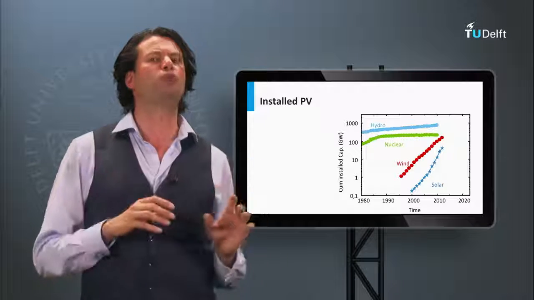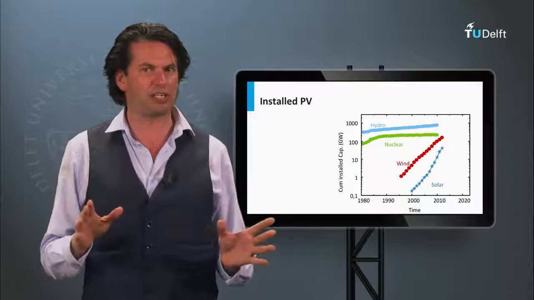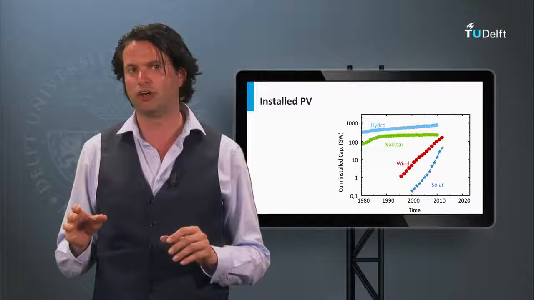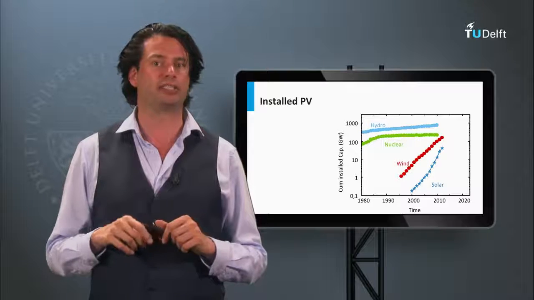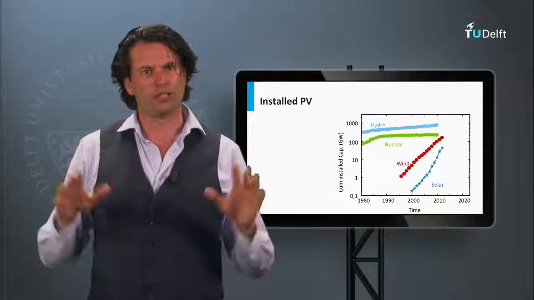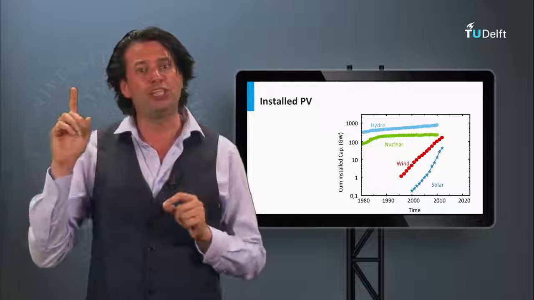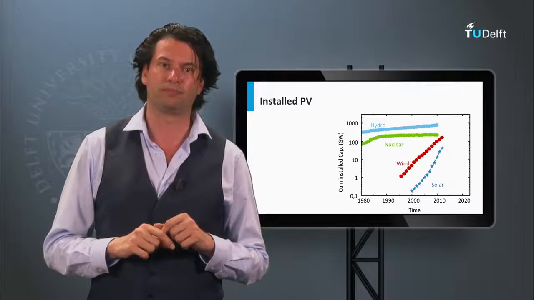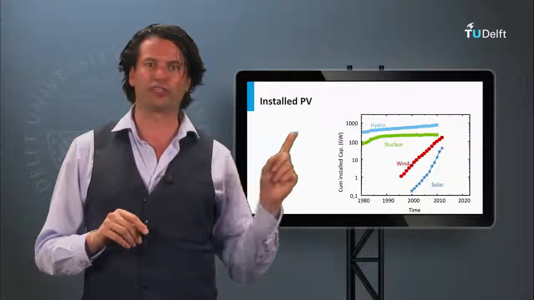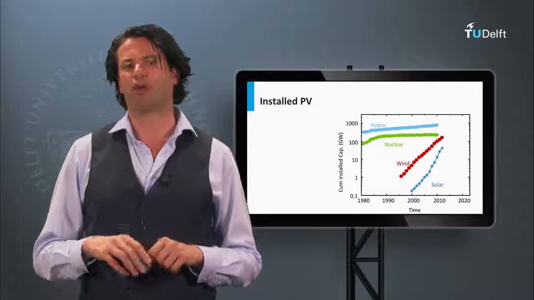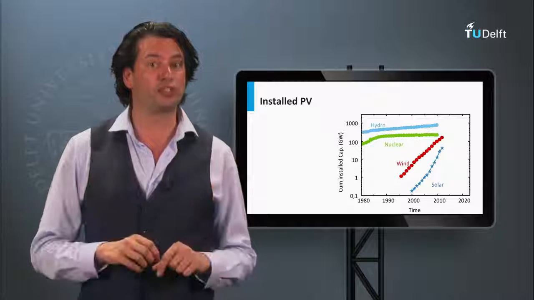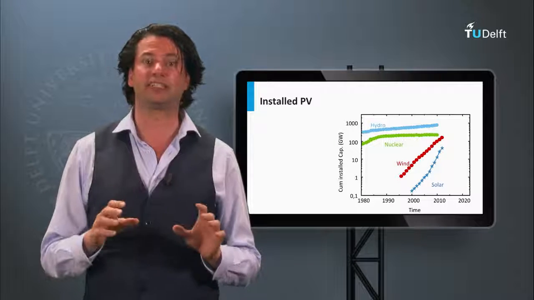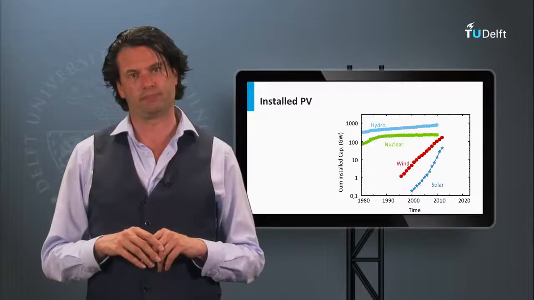In block 1.2 we have discussed that hydropower is responsible for 90% of the total worldwide electricity production and nuclear is 16%. The question now is, how do these numbers compare to solar? For that, I've constructed the following figure. On the vertical axis you see the cumulative installed capacity, which is expressed in gigawatts of power.